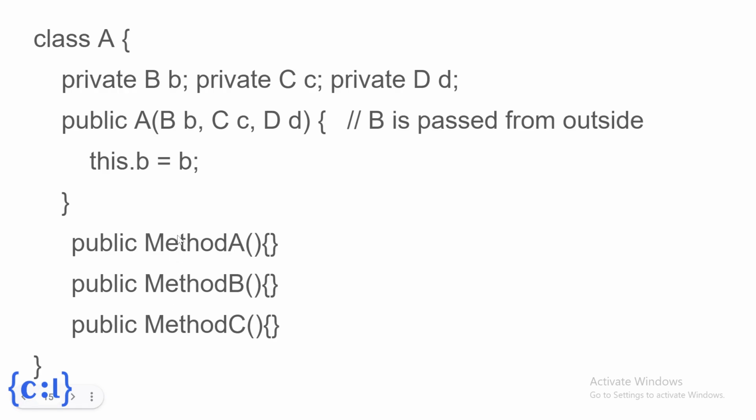Let's say these three methods are mapped to request URLs, HTTP request URLs. When the request comes to method C, dependency D is also created. Dependency class D is also instantiated whether or not it is needed by method C, which means you're going to be consuming extra memory for something you are not needing.